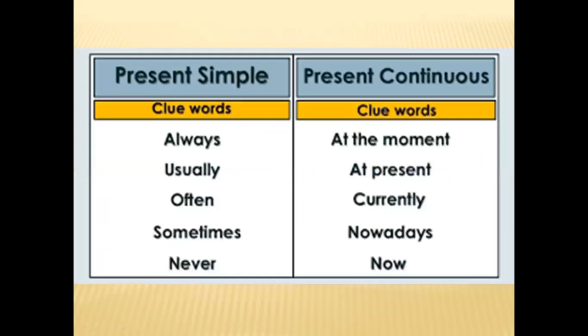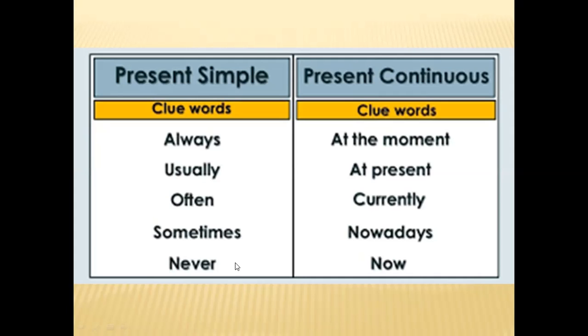Very good. Remember that we have some clue words that are going to help us to decide when we have to use the present simple or the present continuous. We usually use with present simple the adverbs of frequency. For example, always, usually, often, sometimes, never.